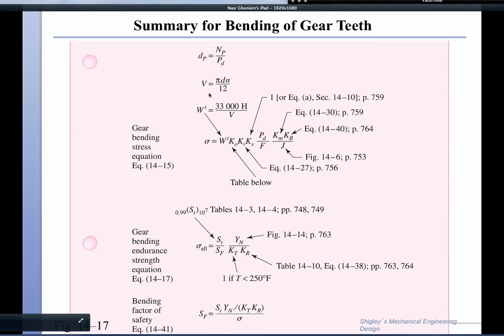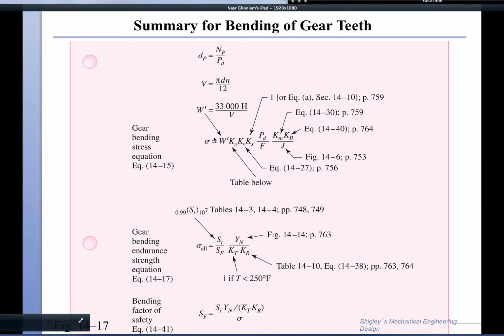Once we know the pitch line velocity, we would also know the tangential force that is transmitted in here, and the tangential force is used to estimate the gear bending stress. So the tangential force times P over F are the main three variables, but then we have these 6 factors: K overload, velocity, shape, load distribution factor, rim bending factor, and the geometry factor, and we have all of the equations necessary to compute that.